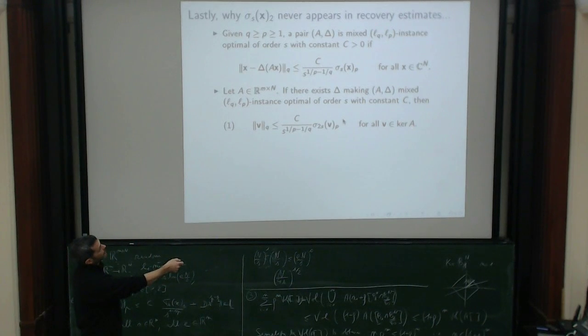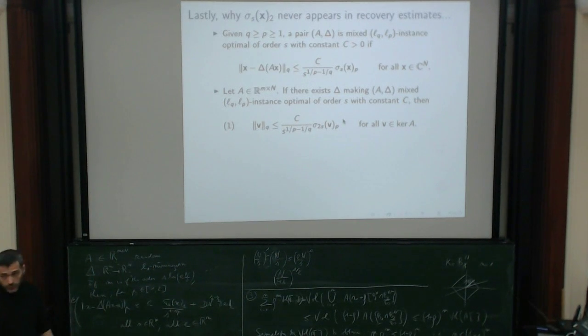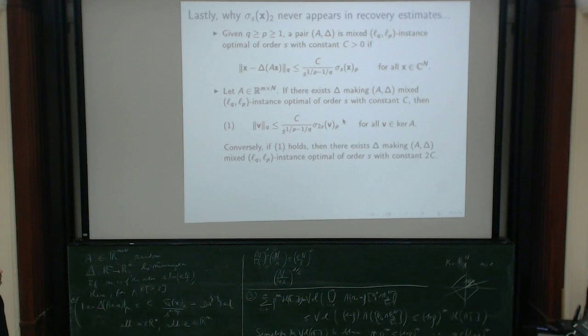For all V in the null space, the LQ norm of V has to be smaller than that same constant over the same power of S times sigma 2S of V in LP norm, so the best 2S approximation of V in LP norm. And conversely, there is a partial converse.